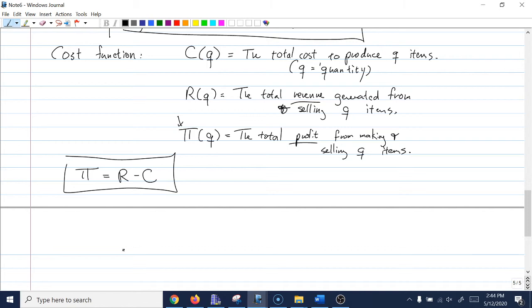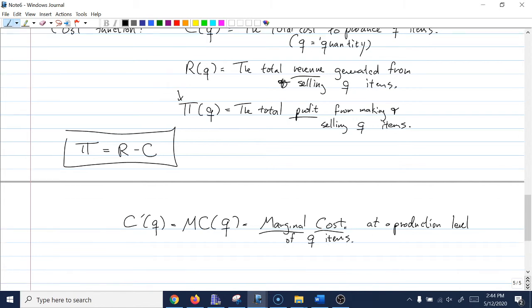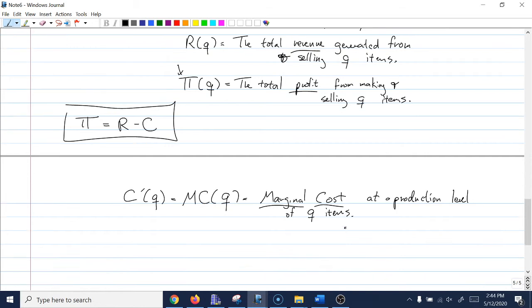Okay, so the next step is the derivative of this function. C prime of q, which will also be called MC of q, is the marginal cost at a production level of q. So, what does this mean?